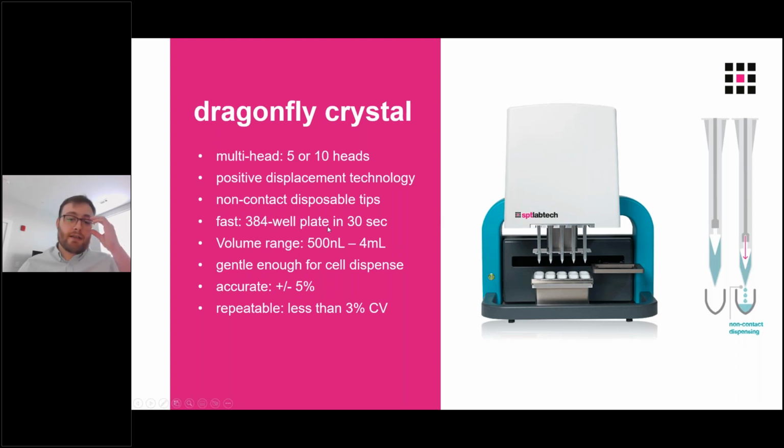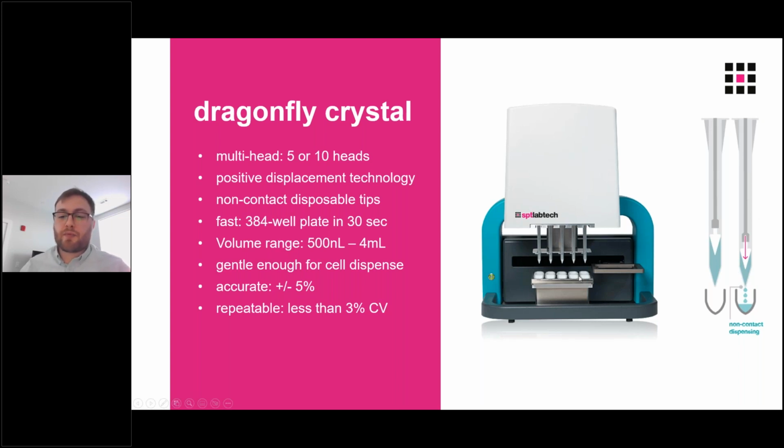They are very fast. A well-equipped Dragonfly with multiple syringes for a component can fill a 384 well plate in around 30 seconds. The volume range of a Dragonfly Crystal for dispensing is from 500 nanoliters up to 4 mLs at a time, with 500 nanoliters being the minimum reliable volume of dispensing and 4 mLs being the full volume of one of these syringes.